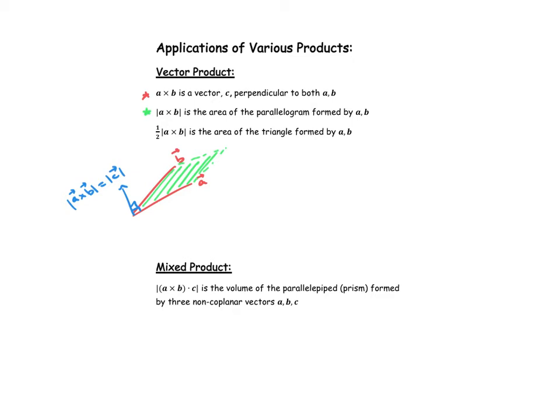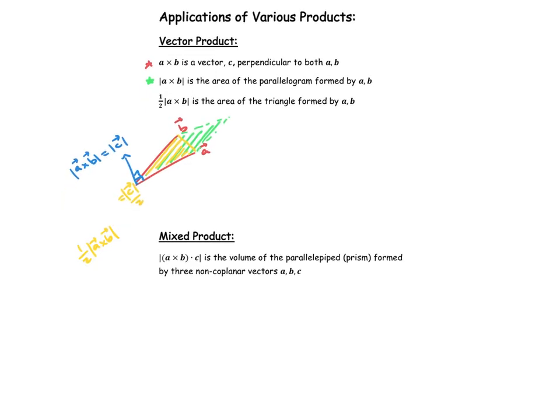Now if I took half of A crossed with B, which would be half of the magnitude of the resulting vector C, divided by 2, that actually finds me the area of this triangle. It's really cool, pretty awesome deal. We're going to get to some examples with that momentarily.